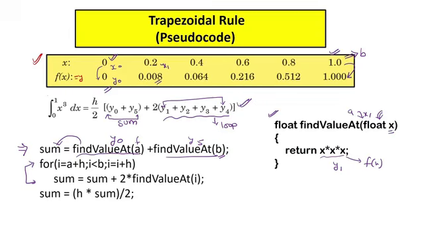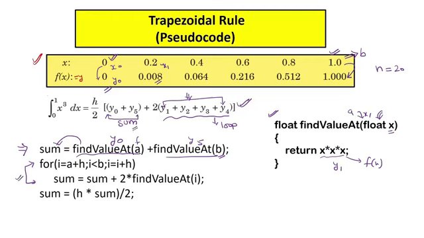For this example there are y0 to y5 values, but if the number of intervals is more than 5, let's say 20, then you will have many values of y, and it will not contain only y1 to y4. It will contain many values after y4 also. So we have to add them again and again, and the best way for that is to use a loop.